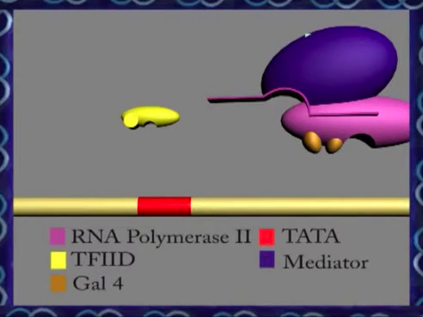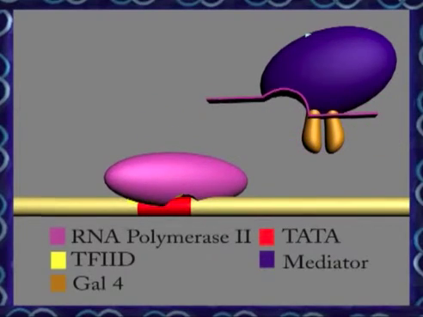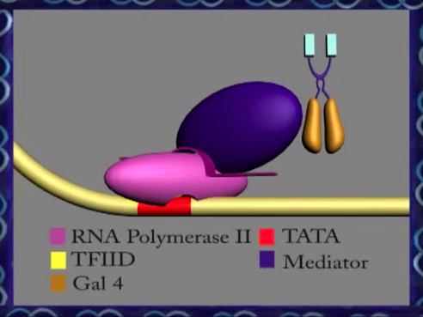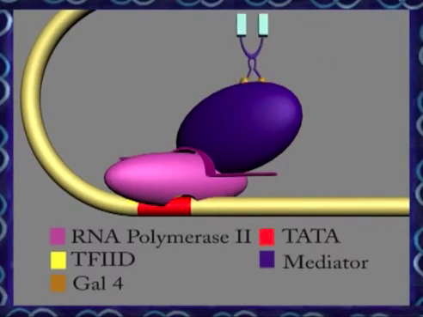The ability of activators to bind to upstream DNA sequences and to interact with proteins that bind directly or indirectly to promoters helps to explain how transcription can be stimulated from more distant regulatory sequences.